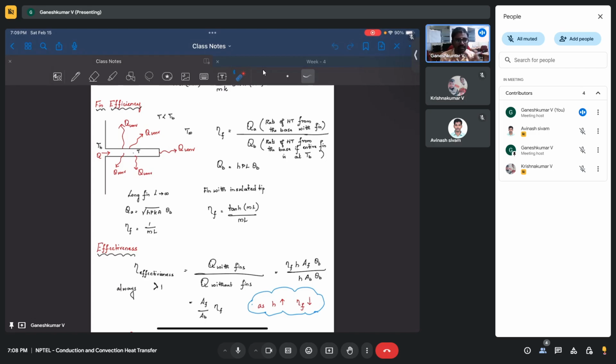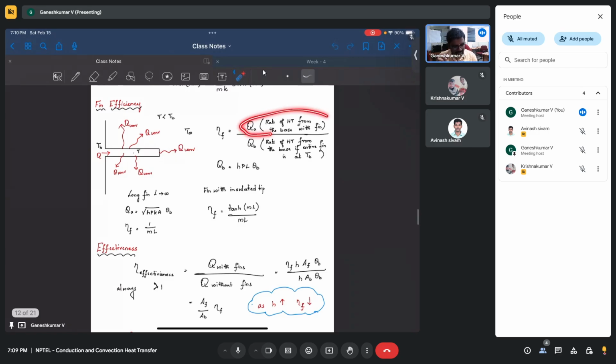If my fin is made of very high thermal conductivity material, then I won't see any appreciable loss of temperature along the fin, and that would be most efficient. If I see appreciable loss of temperature along the fin, then it would be less efficient. That is what fin efficiency talks about.